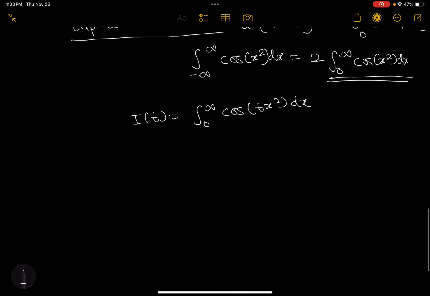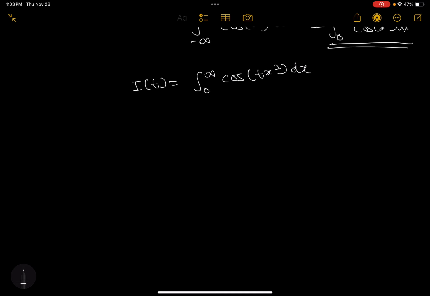So let me solve this one. To solve it, I'm going to use the Laplace transform. Let me take the Laplace transform of this integral, which will be the integral from 0 to infinity of e to the power minus st times I of t. This integral will give an answer in terms of t, because it is in terms of dx, so dx will get simplified, but t will still be there.